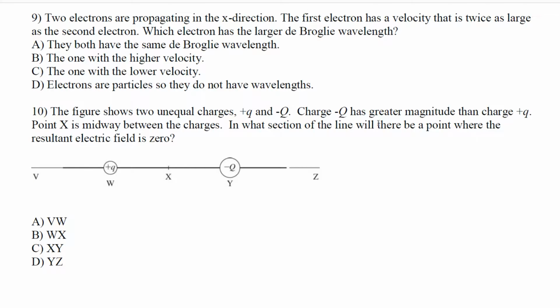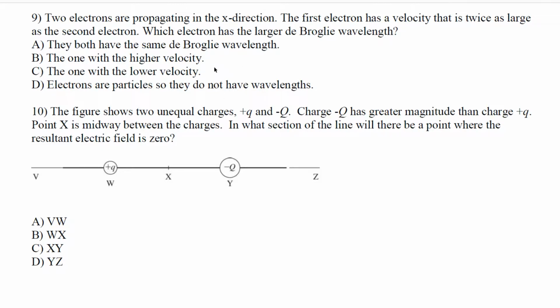So we can't say that they're particles necessarily. It's kind of like light, where you see particle and wave-like properties, the wave-particle duality. We see similar things happening with electrons too. So we can't just say they're particles, so they don't have wavelengths. That's not true.